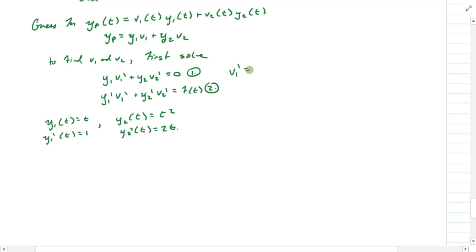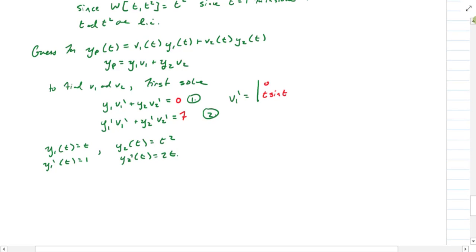So we get v1 prime is the determinant of, and here I'm going to go ahead and put these similar to how I did in the video, so hopefully the color coding will kind of ring a bell. So there was our f, and there was 0, so we'll put 0 and f here, but what is our function? That is the t sine of t.